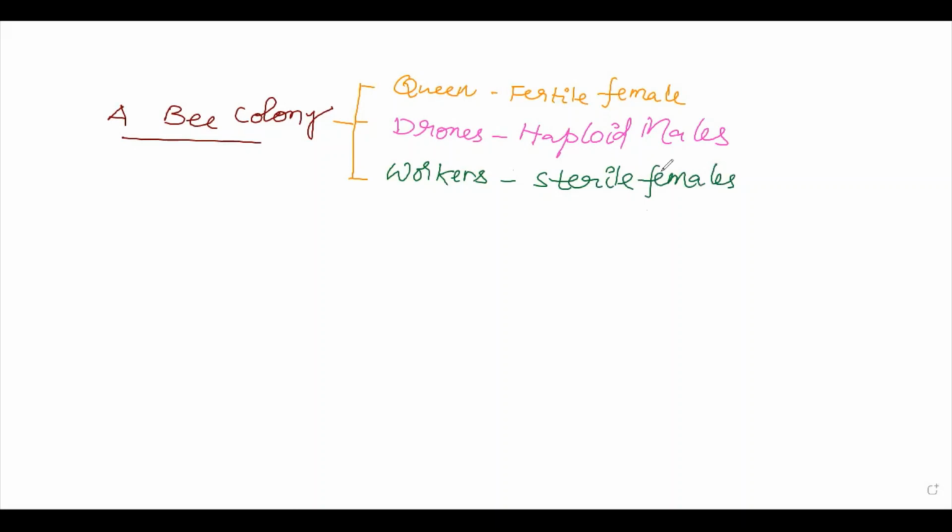So a colony of bees contains one queen, single only, few drones, many workers.